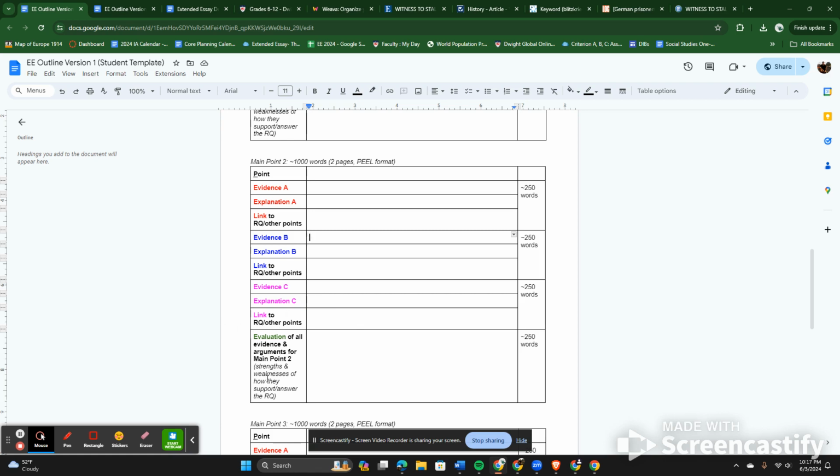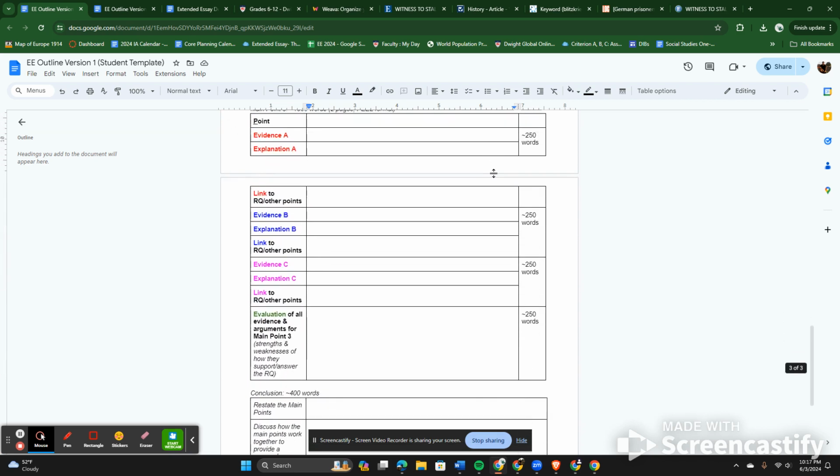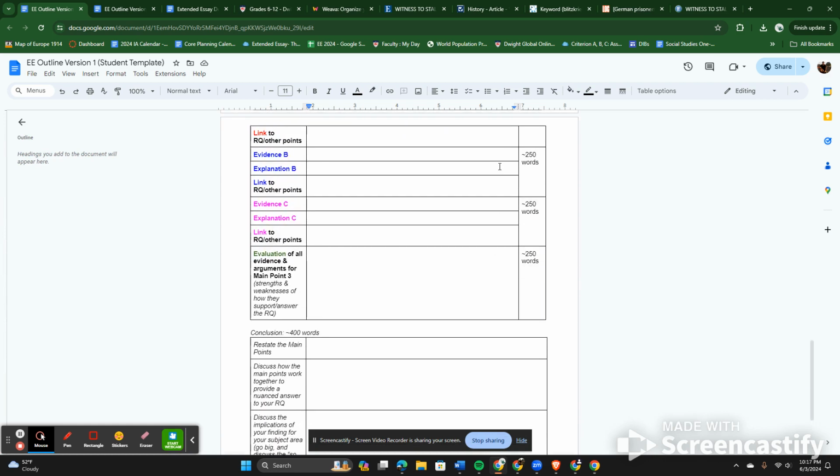And how do we look at the strengths and weaknesses of how this point will support your research question? Again, I have an example to show in just a moment. But if you do it the way that I have set up, this chunks it down into 250 word segments. So it makes it easier to plan and approach that way to get to 1,000 words for each of your main points. You repeat that a few times.